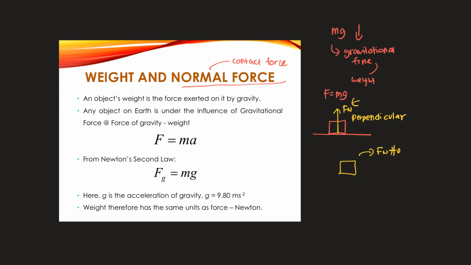There is one misconception when it comes to this situation. For example, if I put one box on top of the table and this box is at rest, it means that your normal force, which comes from the table acting on the box, and the gravitational force acting downward, are equal.